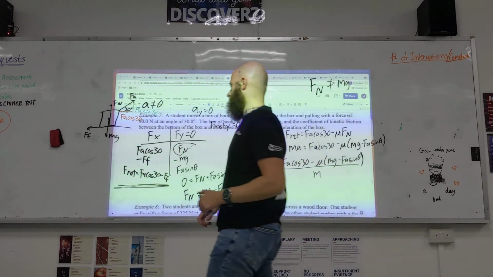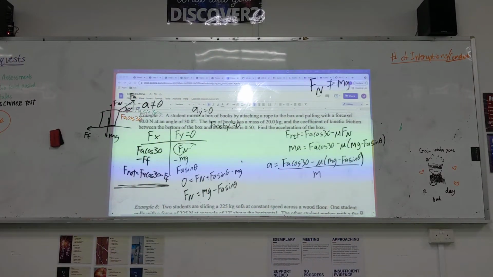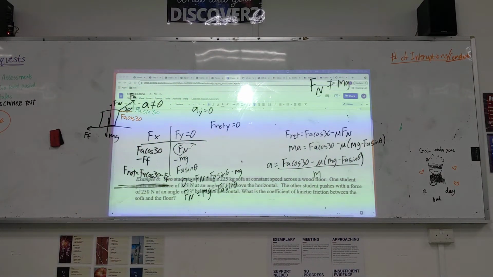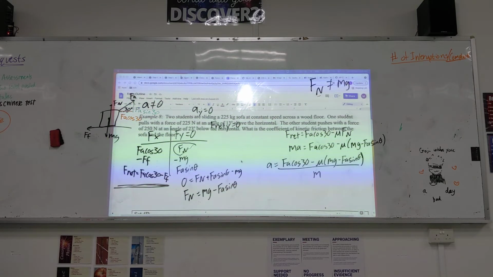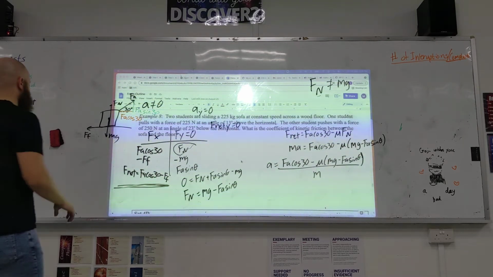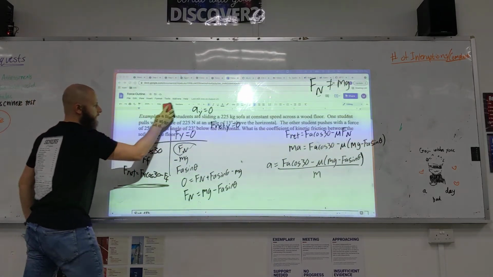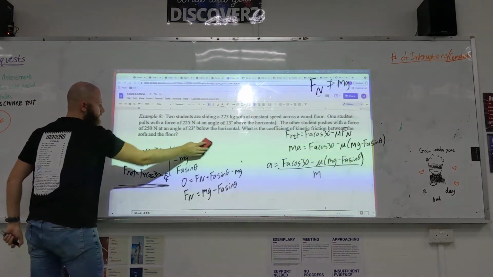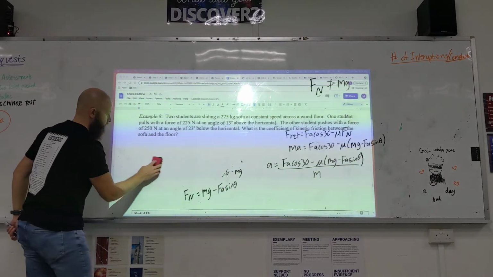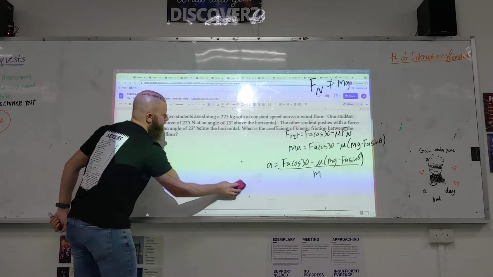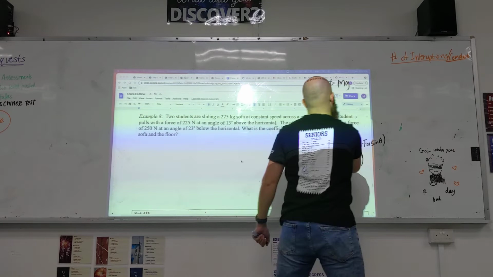So let's go ahead and look at the second problem. We have two students sliding a 225 kg sofa at a constant speed across a wood floor.